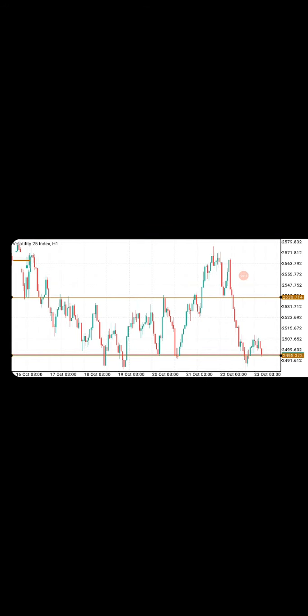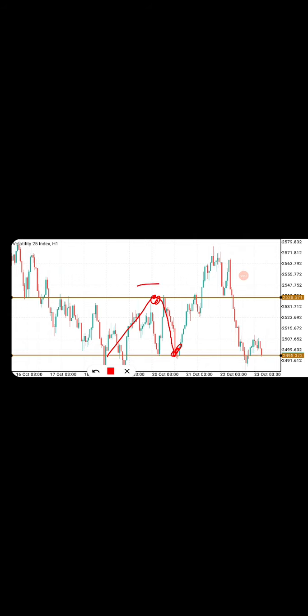So this is what resistance is, put on the upper part of the chart. With the resistance, the psychology is that when the market touches the resistance level, it means that the level is too strong, the level is too high, so the market will go down. As you can see, the market went down again here, right?